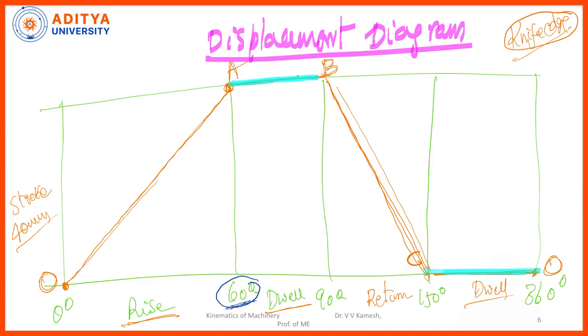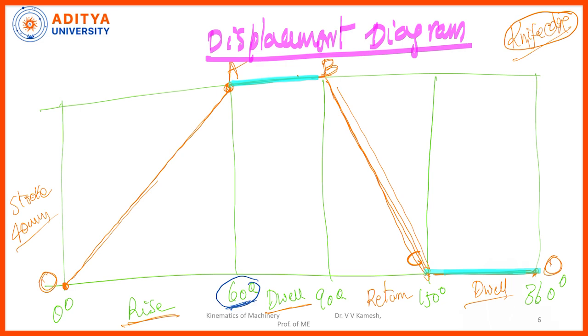I can divide the factors of 60, not multiples. So, I can divide 6 parts, 10 parts, 12 parts, 5 parts, right, or only 2 parts, but it is not good. As many points you have, that much of accuracy the curve you will have, right.